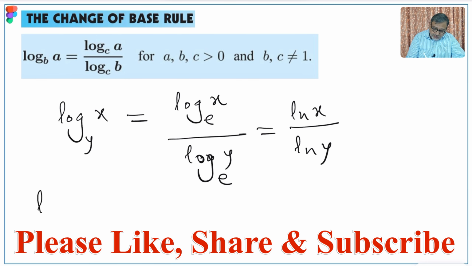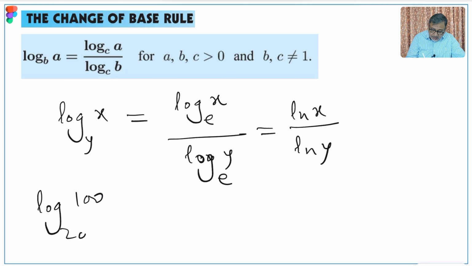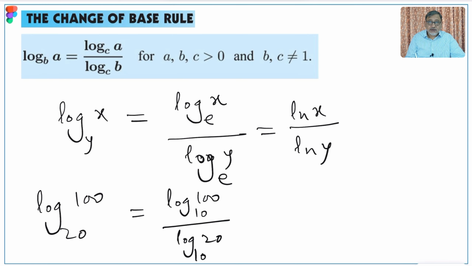Or maybe if you have log of 100 to the base 20, then you can write it as log of 100 to the base 10 over log of 20 to the base 10. And now you can check it in the calculator. So this will be 2 divided by 20, and you can write 20 as 2 times 10.